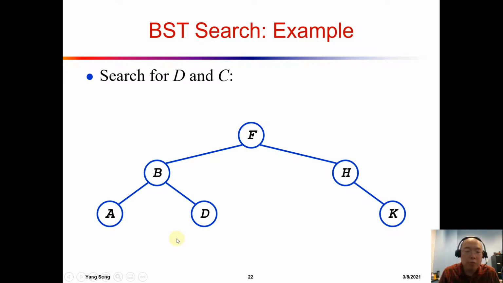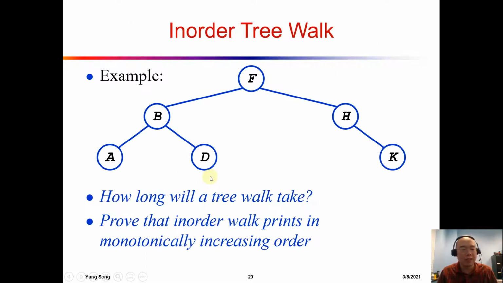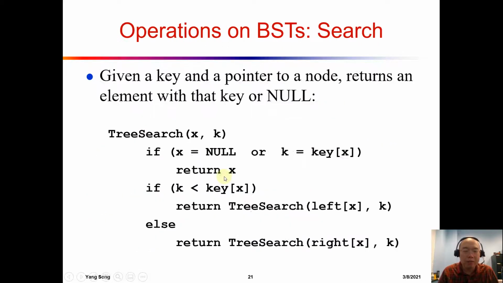So x is null, but we are still looking for a specific key, which is C. Since x is already null, we return null, saying we don't really have such a value.